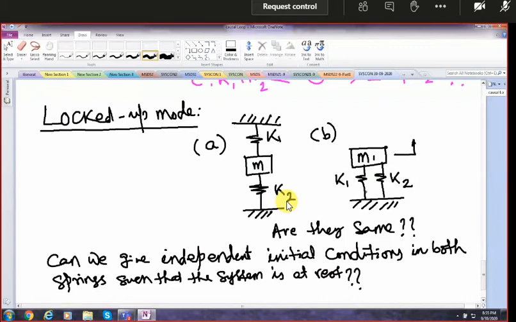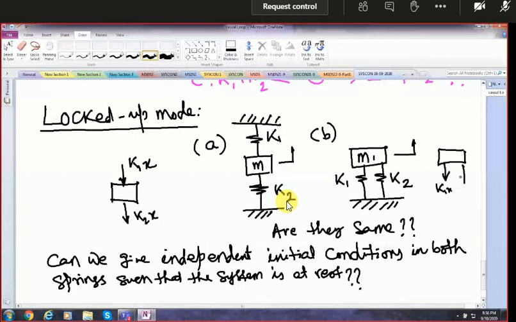If I have moved, I will have K1x acting down, K2x also acting down. That's possible.